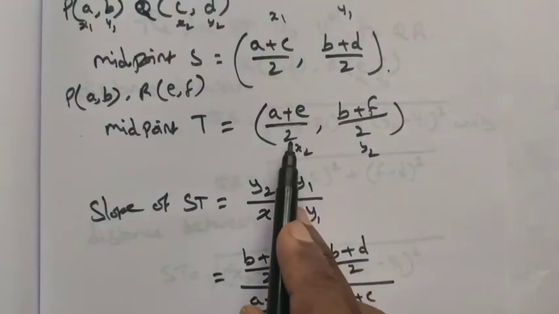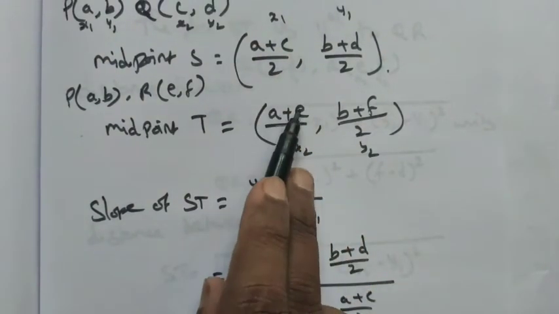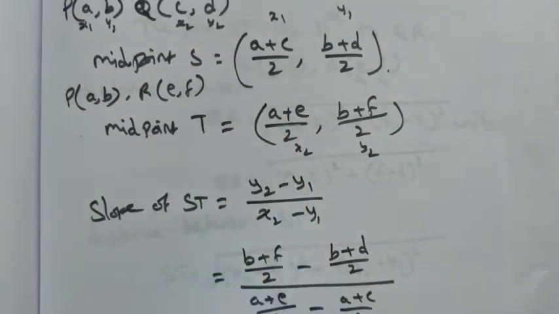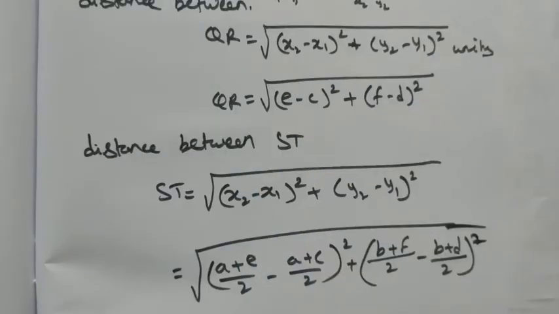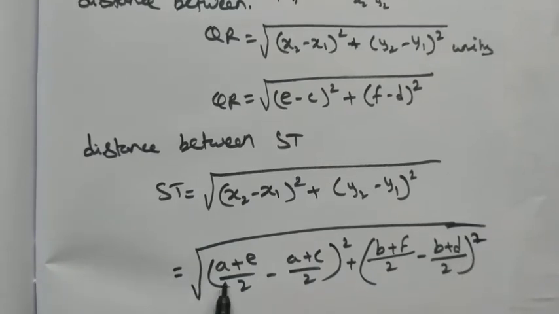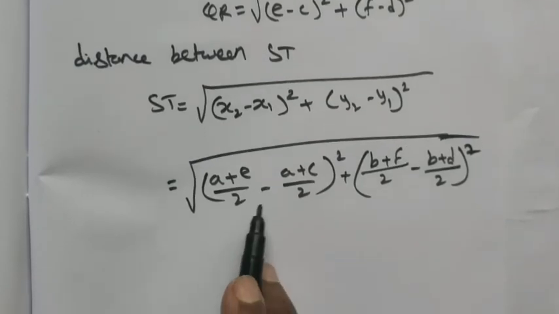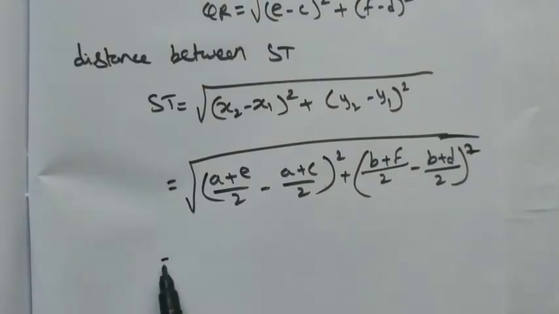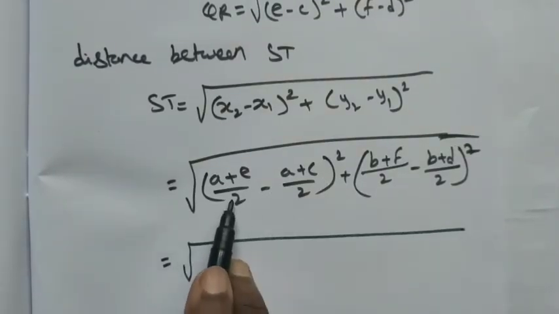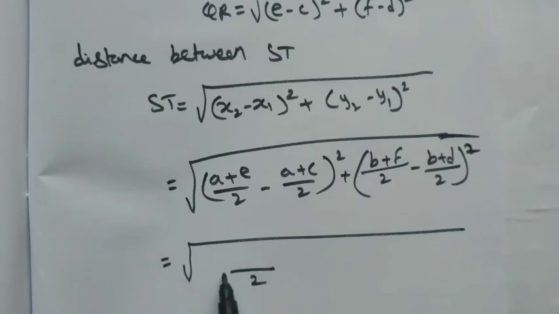We want to find x2 minus x1, which is (A plus E) divided by 2 minus (A plus C) divided by 2, and then y2 minus y1, which is (B plus F) divided by 2 minus (B plus D) divided by 2, whole square. Inside the bracket, the denominators are equal, so I take the denominator commonly.